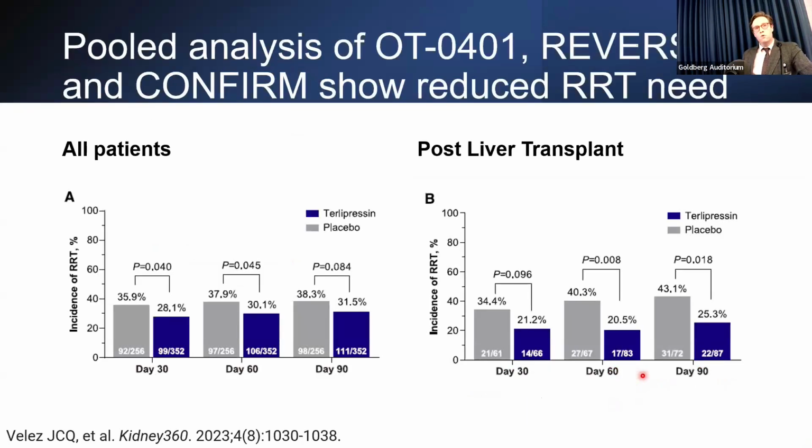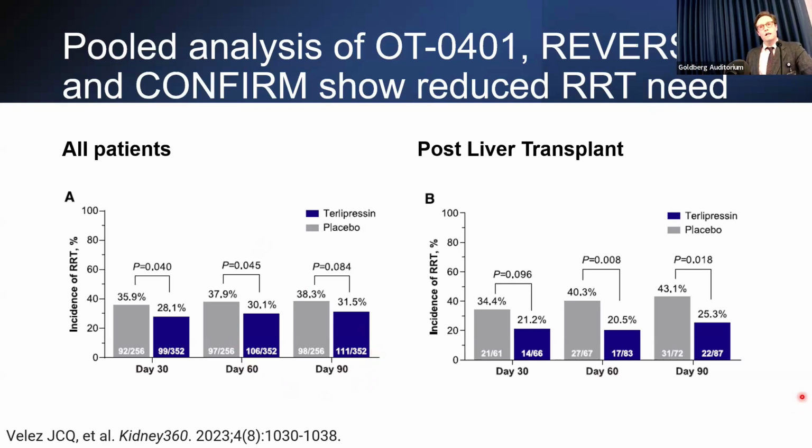What's interesting when we pool all of these data, so these are all the RCTs in the United States, terlipressin versus placebo, we found that the HRS reversal was sustained at 60 days, 90 days, not so much. But in patients that received liver transplant, the definitive treatment for HRS AKI, that was sustained at 90 days, which isn't necessarily surprising.